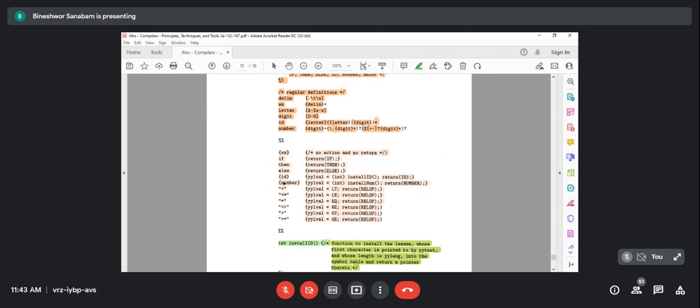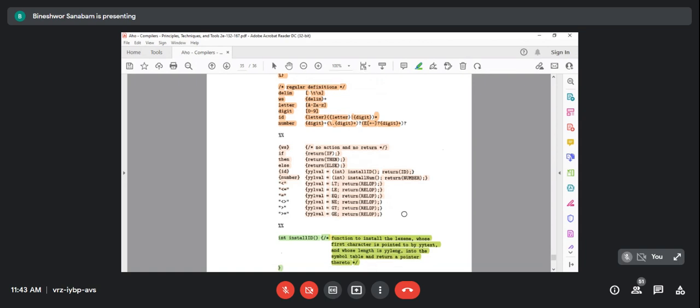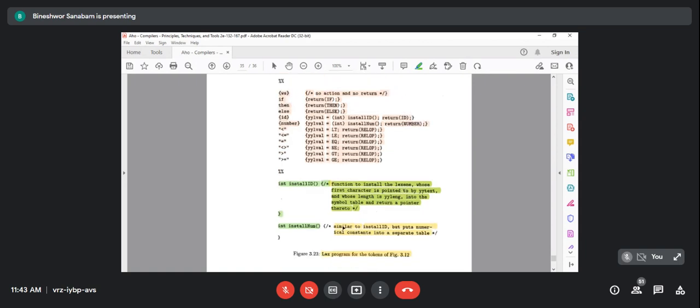And if we find less than, we return relational operator. Similarly for the other cases, also relational operator. Then we include other auxiliary functions that are needed for the program.